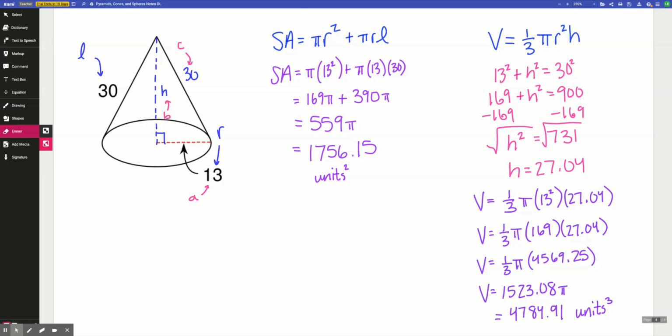But remember, the process is what's important, not necessarily if the numbers are exactly the same as mine. More often than not, they're off just due to rounding, which doesn't really matter in the grand scheme of things.